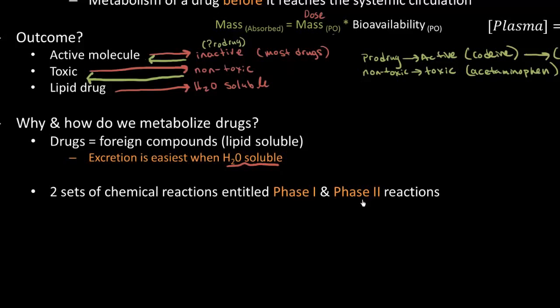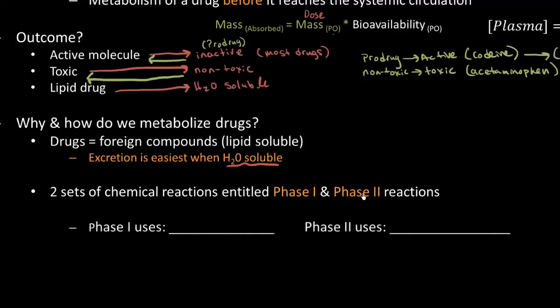But before we get there, let's just give you a little preview. These reactions use their own set of enzymes, and that's what we're just going to briefly mention. Phase 1 predominantly uses the CYP450, the cytochrome P450 enzymes. Here we are often oxidizing, these are like oxidation reduction reactions, and that helps unmask an oxygen or whatever.